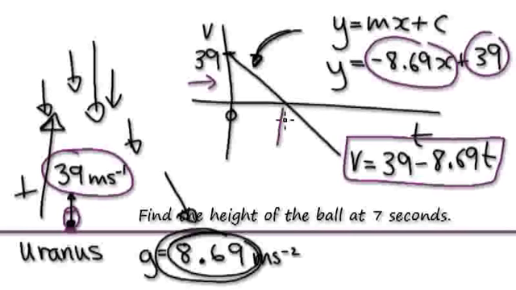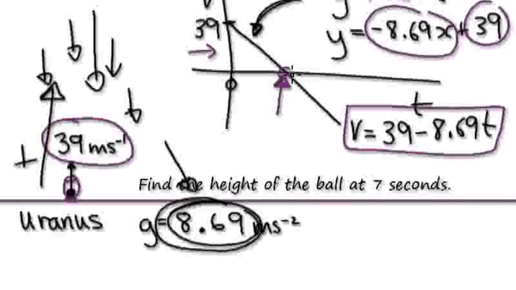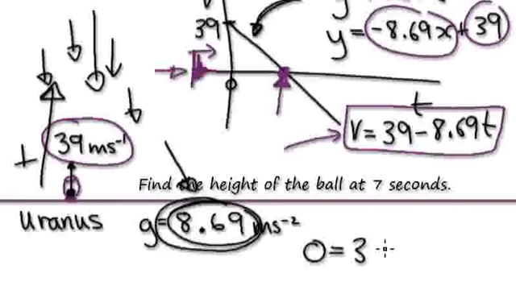Now we want to know the time at maximum height. How long will it take to get to the maximum height? At the maximum height, the velocity, the up and down here, will be 0. So put 0 into this v. So 0 equals 39 minus 8.69 t.